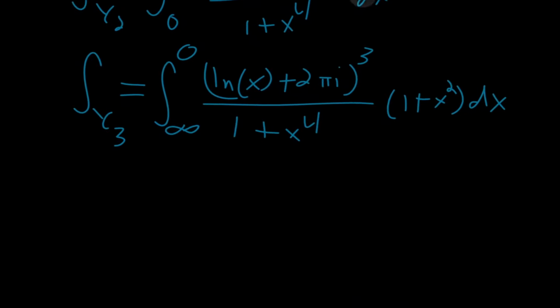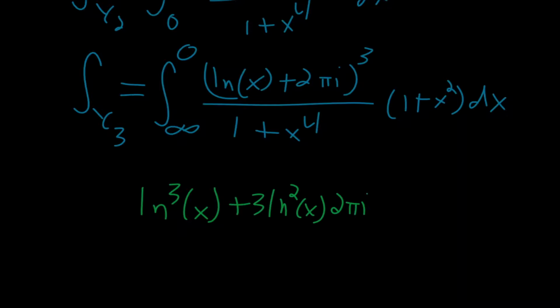This part is extremely important. By the binomial theorem, or if you just remember the third line of Pascal's triangle, 1, 3, 3, 1, we can remember that this is just natural log of x to the third, plus 3 natural log squared of x times 2 pi i, and then plus 3 times the natural log of x times 2 pi i squared, but that's just going to be 4 pi squared with a negative, because i squared is negative 1.